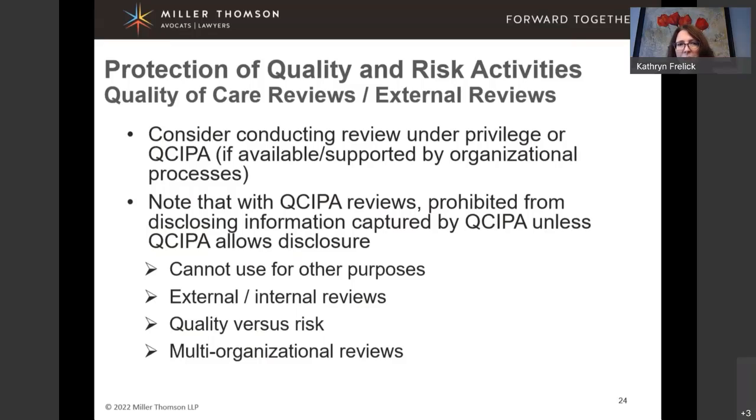Not all reviews require the protection of privilege for legal purposes, but where it's associated with risk, it's highly recommended that you take advantage of those tools.